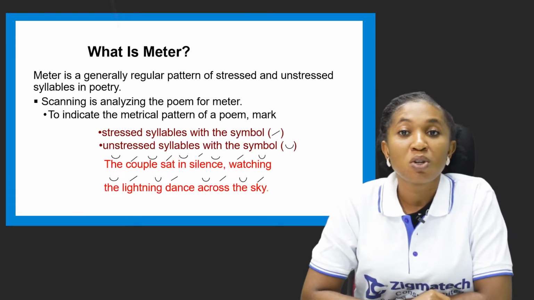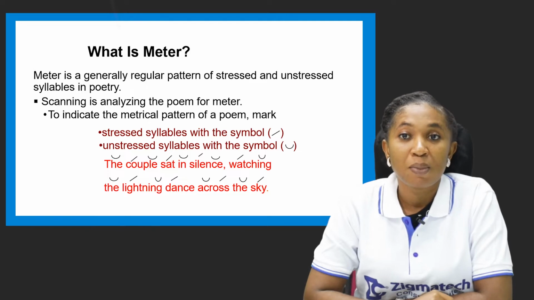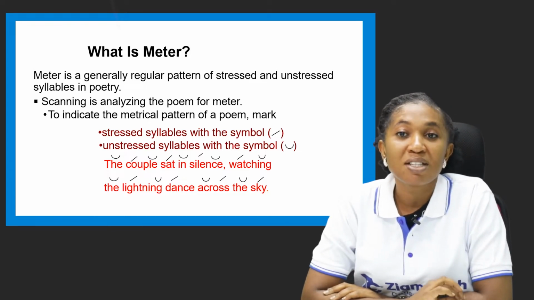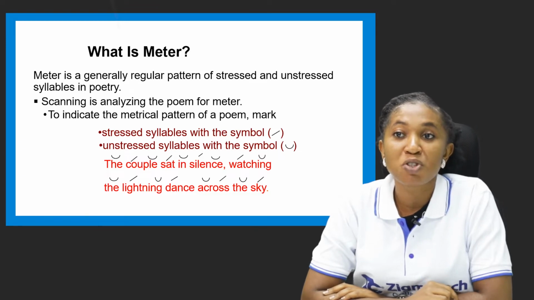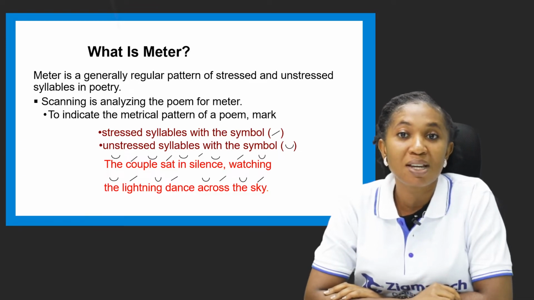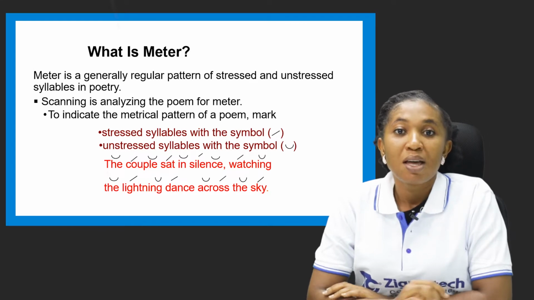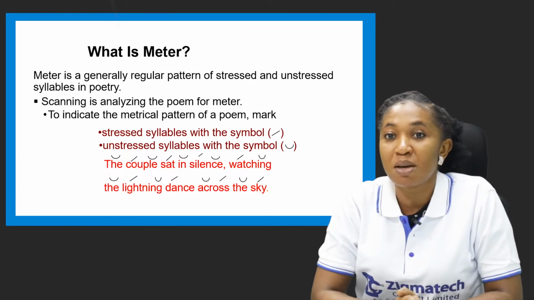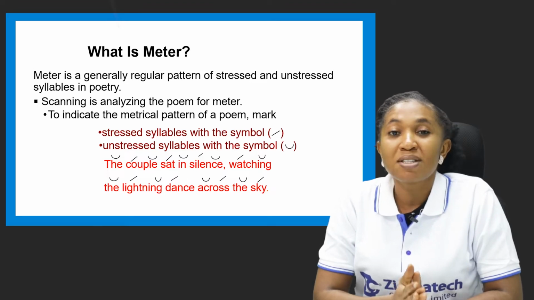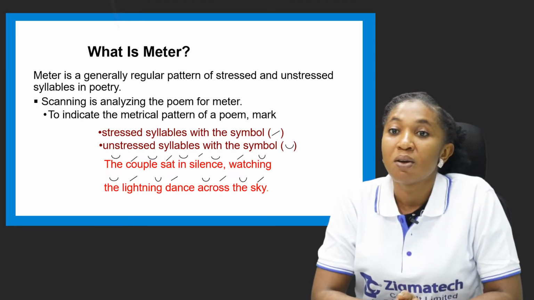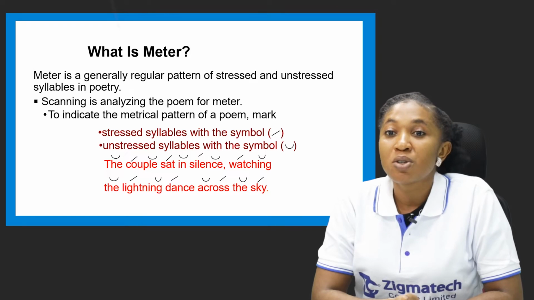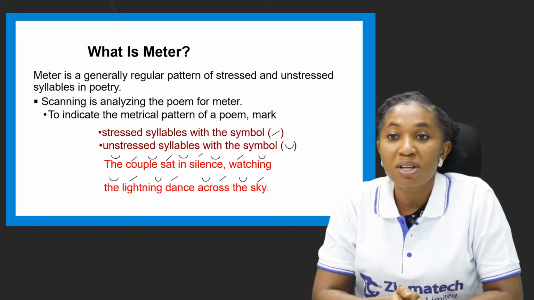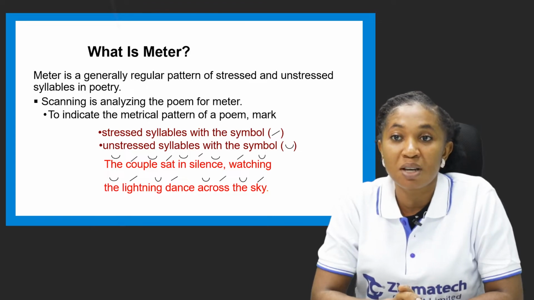Now we are going to also look at meter. What do we mean by meter in poetry? Meter is a generally regular pattern of stressed and unstressed syllables in poetry. Now, for the sake of this lesson, we are going to look at some keywords: stressed syllables and unstressed syllables.